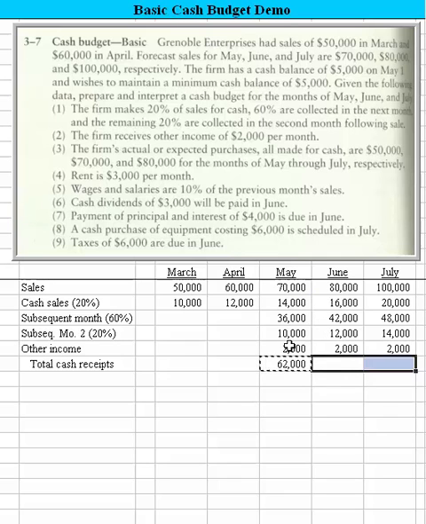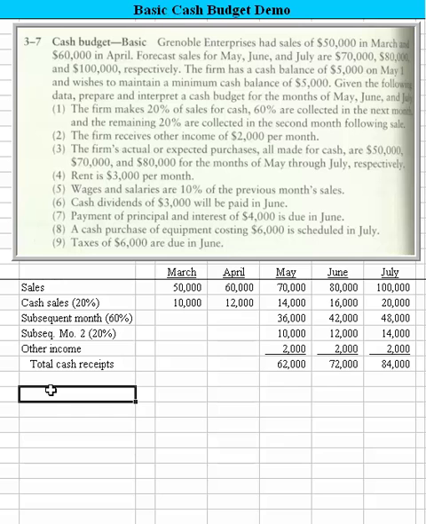Now I'm going to copy that over and underline that so that that's very clear to see. That takes care of cash receipts. And that also takes care of number 1 and 2 in our data. Okay, then we look at number 3, and that takes care of the cash receipt side. Let's look at the disbursement side.